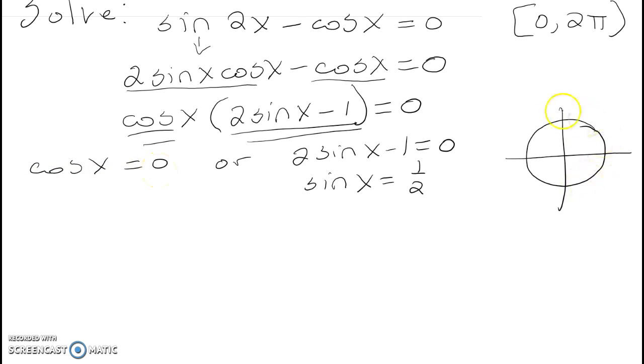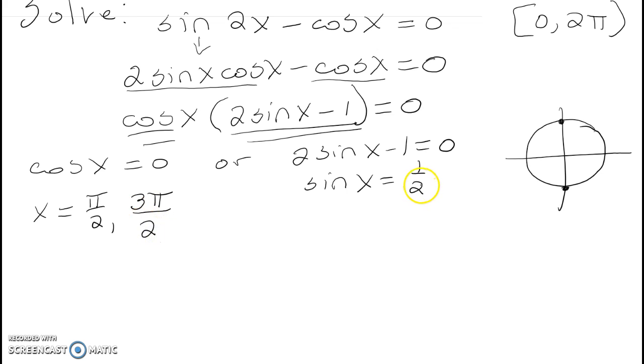We are on the unit circle with the x values equal to 0. It will be right here at pi over 2 and right here at negative pi over 2, or positive 3 pi over 2. So for cosine x, our x values are pi over 2 and 3 pi over 2.